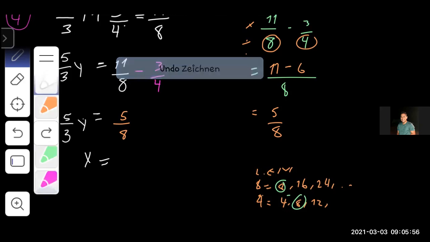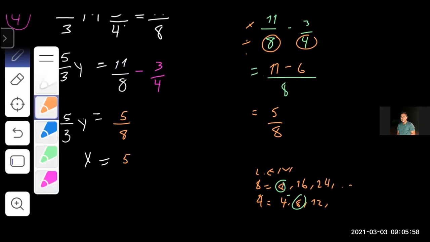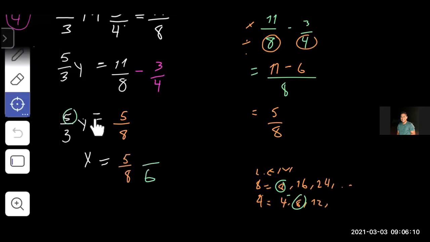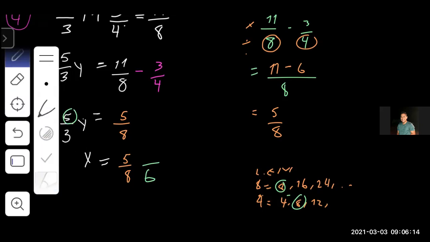Okay, let's copy this. 5/8, guys, I just copied. This 5 is multiplying. What is it going to be doing on the other side? Dividing. And then this 3 is multiplying. What is this 3 going to be doing on the other side? Multiplying. We use the reciprocal. Correct.